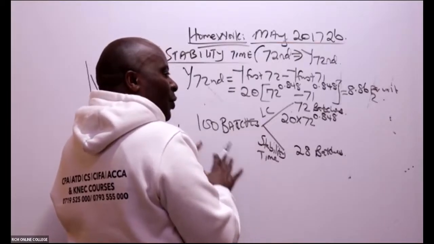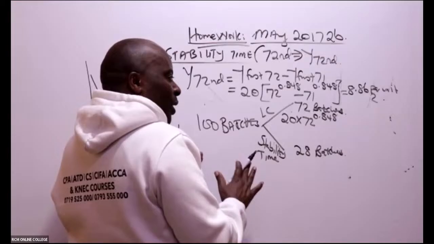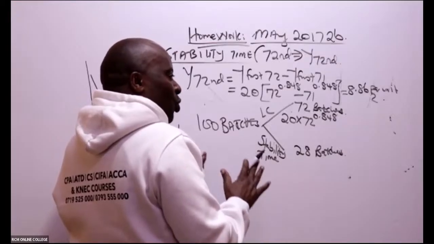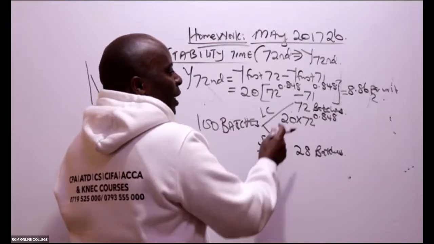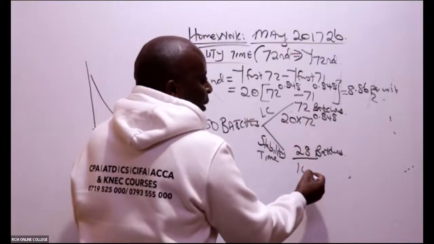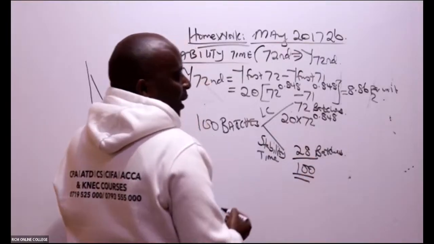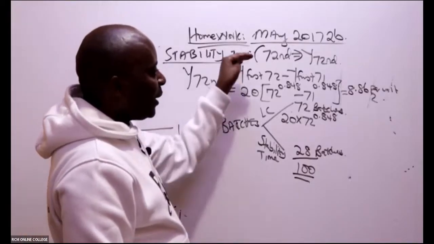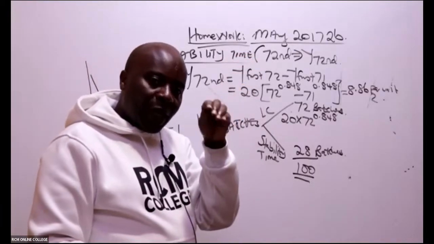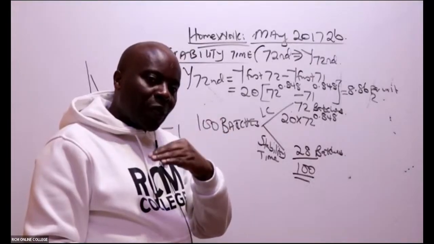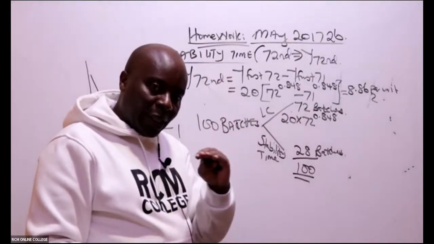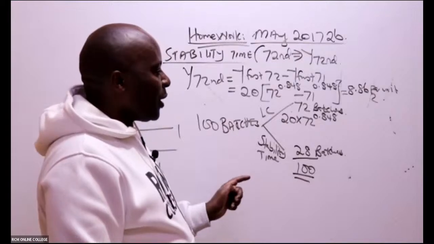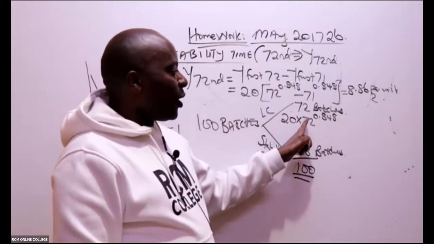So the learning curve equation will be used: 20 times 72 raised to 0.848. Where did I get the 28 from? Because all the batches in this case must add up to 100. Until we stabilize, we use the learning curve equation to predict. So we have 20 times 72 raised to that.